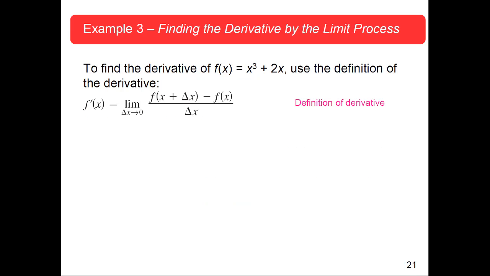Okay, let's see here. Let's up the ante a little bit. So we have a cubic equation. We want to find the derivative of f of x equals x cubed plus 2x using the limit definition. Now, we don't want to find a specific slope. Here we're looking for the general derivative function. So we had f of x equals x cubed plus 2x.